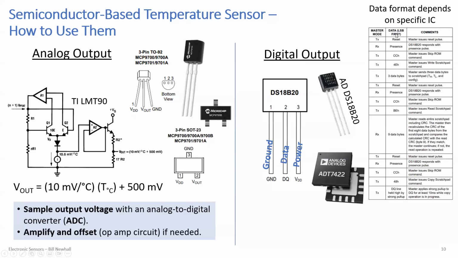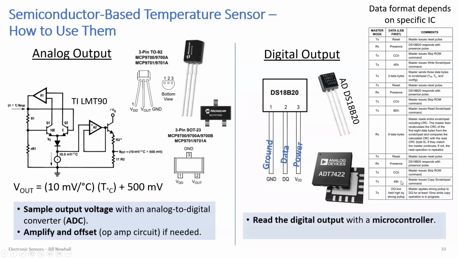So the data output will have bits that come out in serial form that give you different values, and you can read those values with a microcontroller that has a matching serial interface protocol. And oftentimes you can find a software library function that reads that protocol. And definitely for the Arduino, if you can find a temperature sensor with the digital output, you could probably find a library that will just read that without writing low-level code.